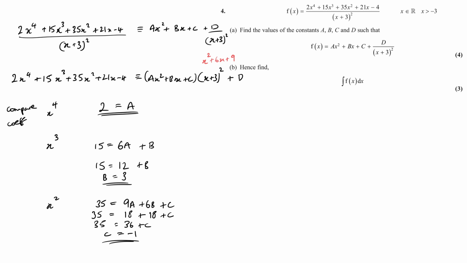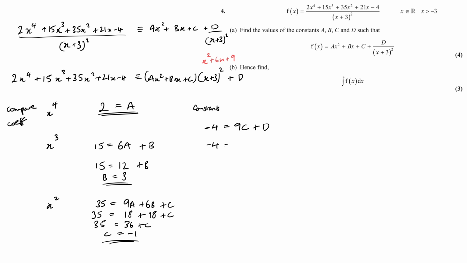I've now got 3 out of the 4 values that I need. Now I need this d, so I'm going to go with the constants for the last bit. The constant on the left is -4. And then when I look on the right, the only way to get the constants is c times 9, so 9c plus d.